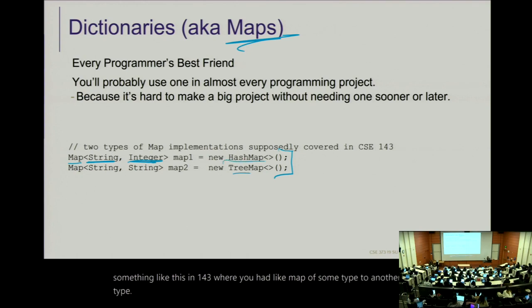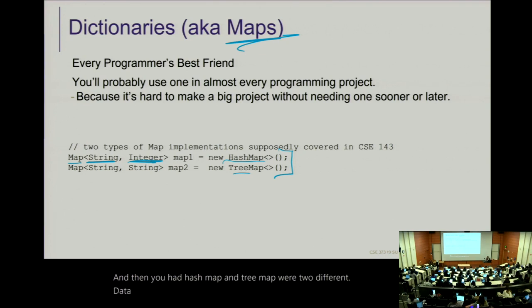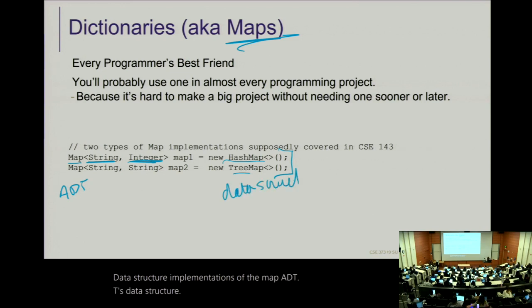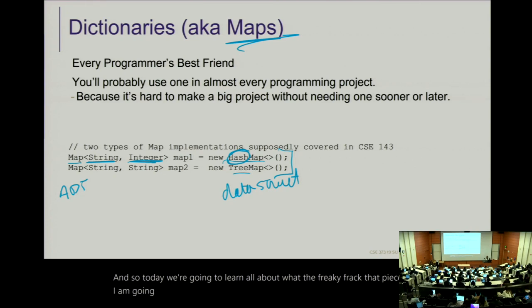And then you had HashMap and TreeMap, or 2 different data structure implementations of the map ADT. And so today we're going to learn all about what that piece is. I am going to stop referring to this thing now as maps and entirely refer to it as dictionaries from here on out. They are the exact same thing.